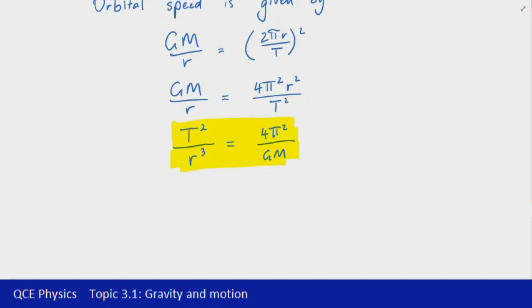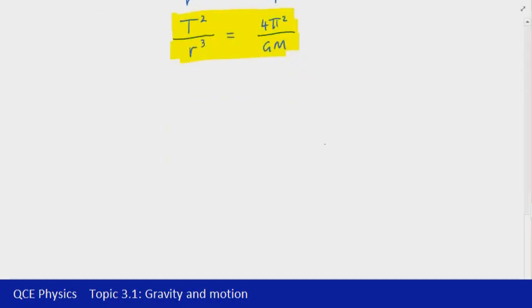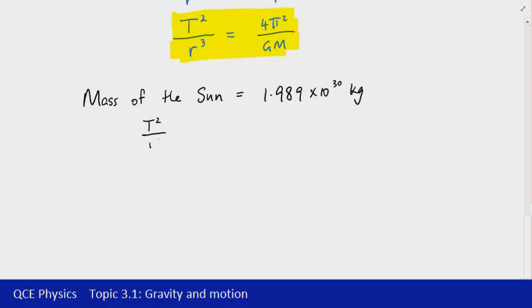And to make sense of that, let's have a look at this from two perspectives. The first perspective is that we're going to consider the mass of the Sun. The mass of the Sun is quite large. It's 1.989 by 10 to the 30 kilograms. So if we consider T squared on R cubed, that's equal to 4 pi squared on GM.